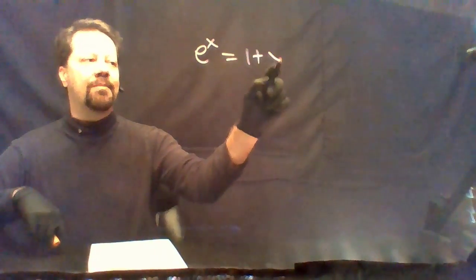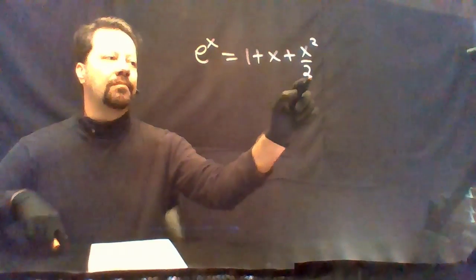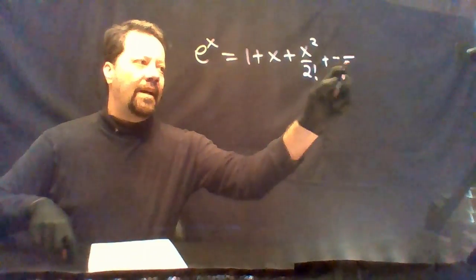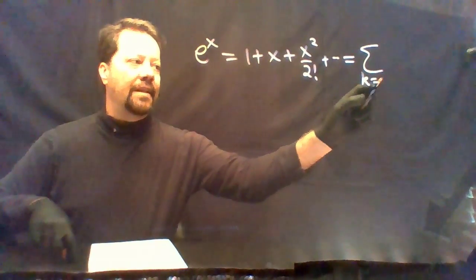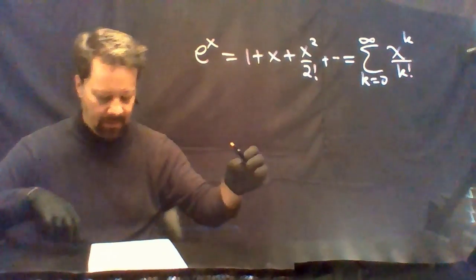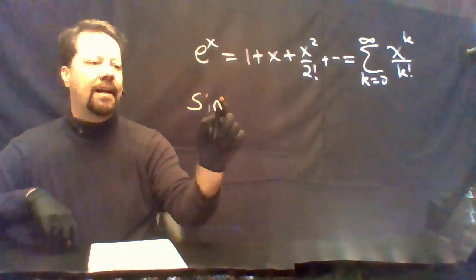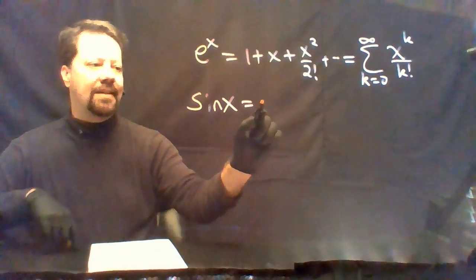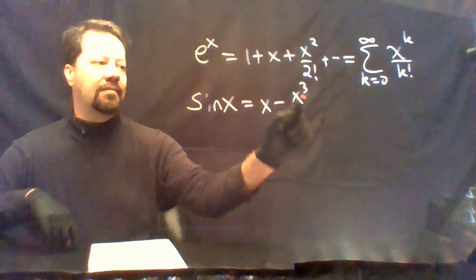The next problem asks you to state the Maclaurin series for e to the x, sine x, and cosine x. I want you to just memorize these. Commit them to memory. I also want you to express these in two ways. First, by writing out some terms, but I also want you to know the sigma notation for these. Sine x is an odd function. It only has odd powers of x, and it alternates in sign.